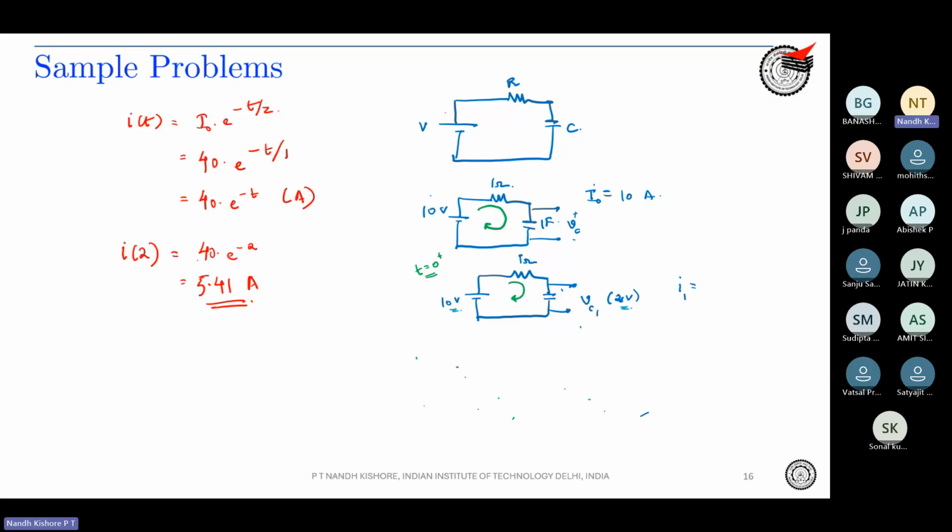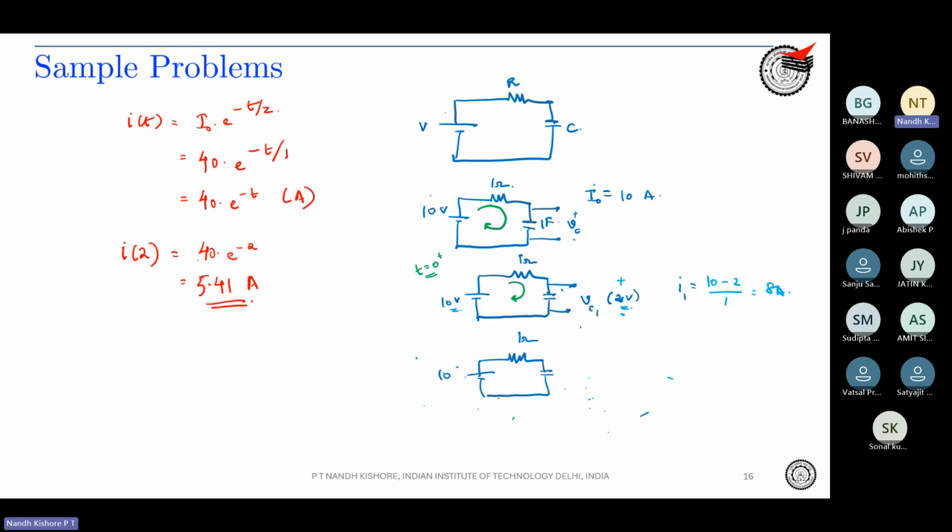The current would be 10 minus 2 divided by 1, which is 8 amperes. Let's say I take some other point. Now 8 ampere current was flowing through it. After some time, the capacitor is still continuing to charge, right?